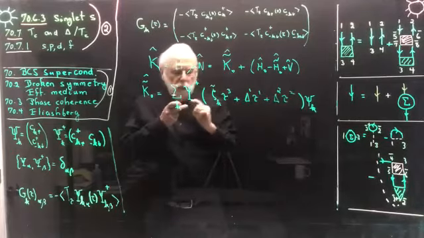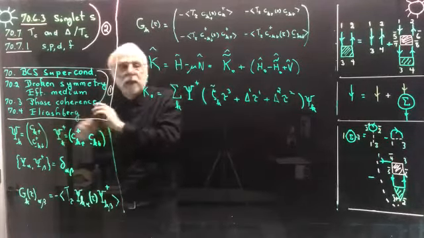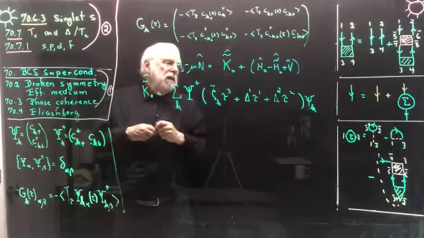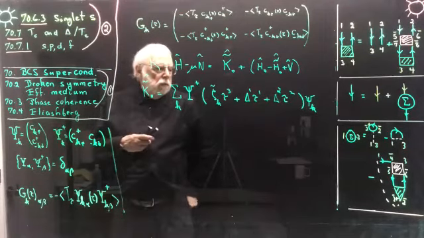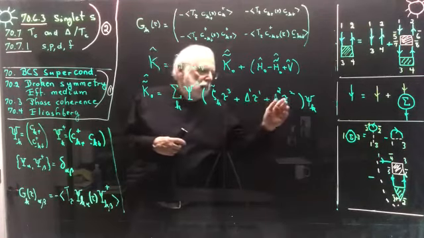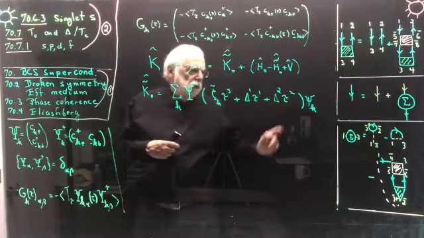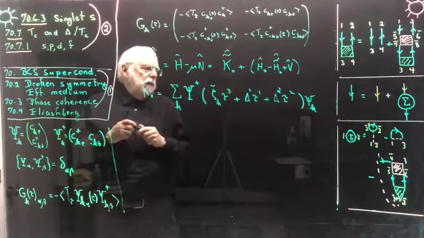Well, tau 1 and tau 2 are the usual Pauli matrices, but they are now acting on Nambu space. It's not important to remember. Tau 1 is 0, 1, 1, 0, and tau 2 is 0, minus i, i, 0, but the details are not important. We just know how Pauli matrices work.